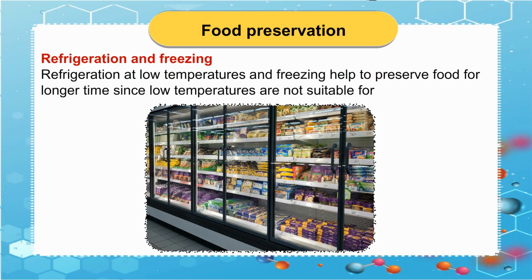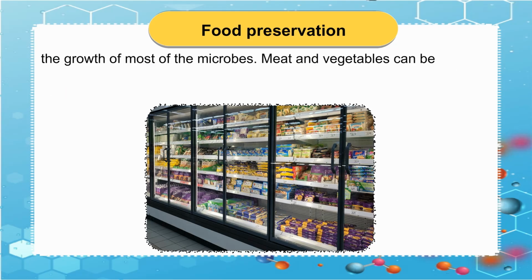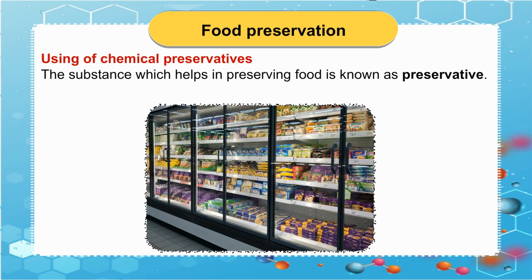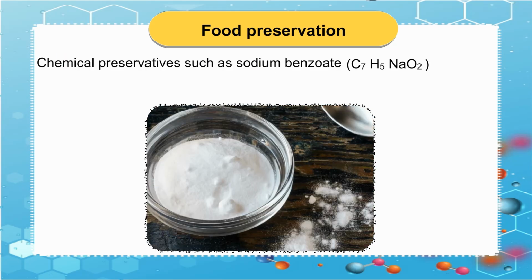These substances are absorbed by the plants through roots. This process is called nitrogen fixation and is carried out by some bacteria and blue-green algae. The process by which free atmospheric N2 is converted into soluble nitrogen compounds is known as nitrogen fixation.